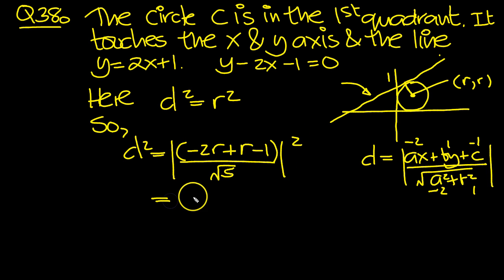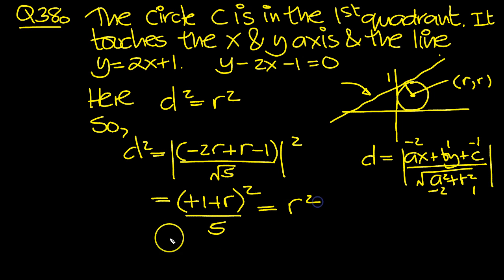So that's equal to r, we've got minus 1 minus r, like so, and we can square that, and that will be over the root 5 squared, which is 5, but because we can take a minus outside and it's squared, we can add both of those, and that's equal to r squared. So what do we get then?